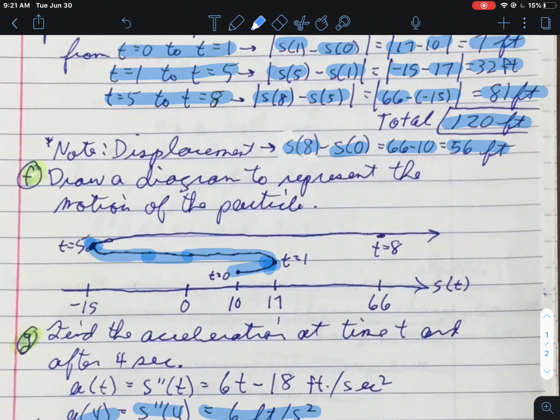So then it hits a point of rest at t equals 5, and then what happens after t equals 5? Well, again, it's going to start speeding up because it's coming from a point of rest. Now, it doesn't have any more points of direction change, right? So it's staying in a positive direction or forward direction from that point forward. So notice I'm just speeding up here, or definitely I'm not going to be slowing down again because I'm not going to be changing direction. Okay? So that's just an observation from there.